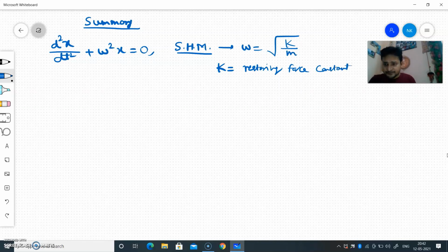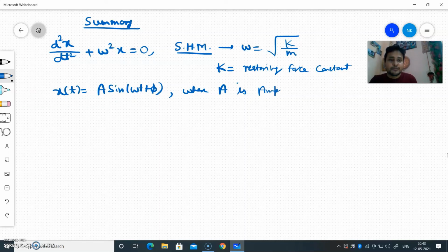Then what is the solution of that? Solution of that, x(t) is equal to A sine(omega t plus phi). This was the solution where A is the amplitude, and capital T is equal to 2 pi by omega is the time period.